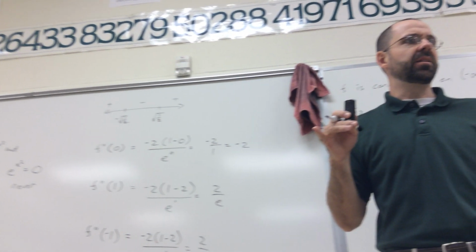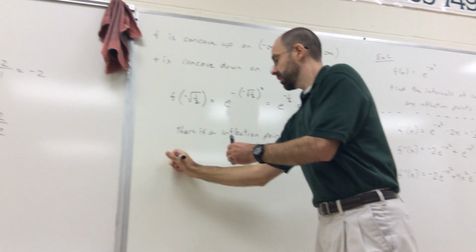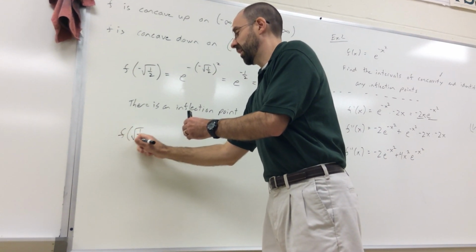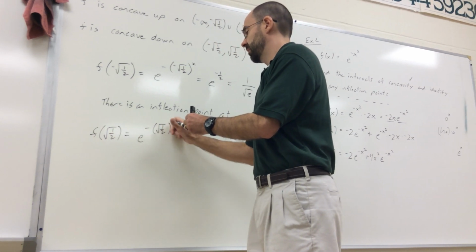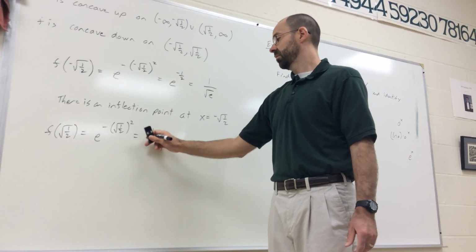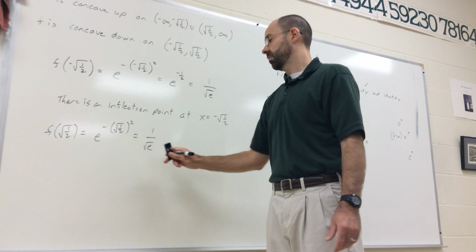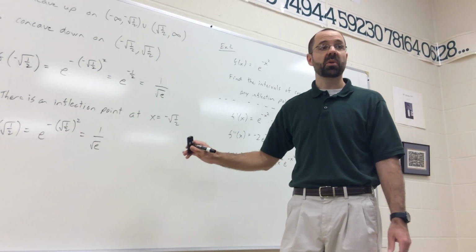So if we plug that in and get a value, then it will be an inflection point. We just have to double check that. So f of the square root of 1/2 is e to the negative positive square root of 1/2 squared. And that's going to yield the same number. So there's also an inflection point at x equals positive square root of 1/2.